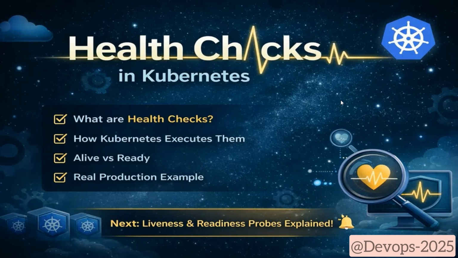In the next video, we will go very deep into what a liveness probe is and where we can use it, and what a readiness check is and what exactly it does. We'll see a couple of checks like HTTP, command, or TCP checks, and I will explain them in a live demo with a YAML file example.